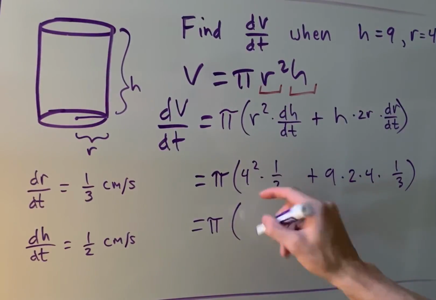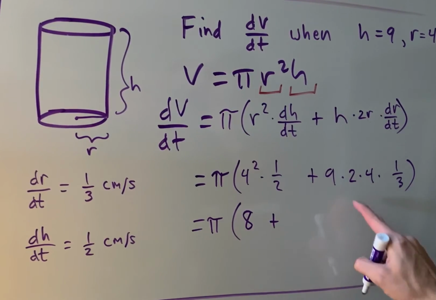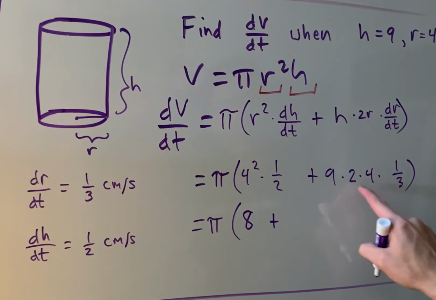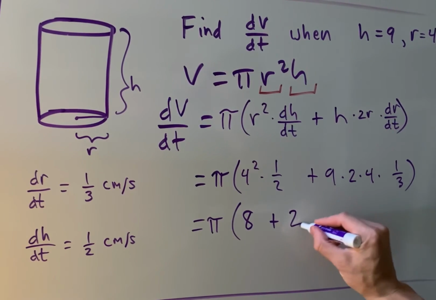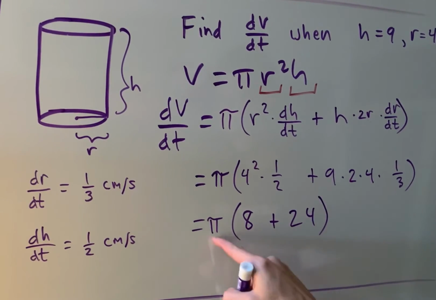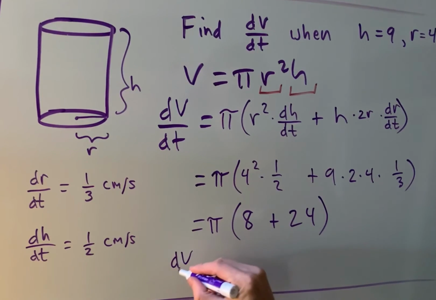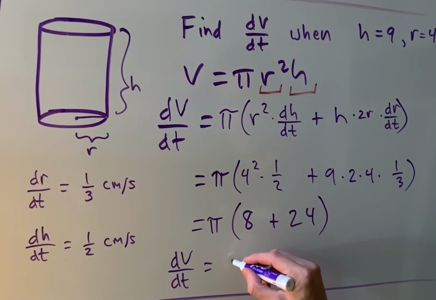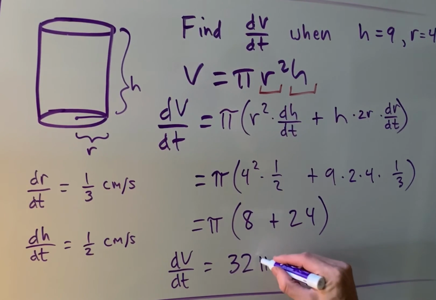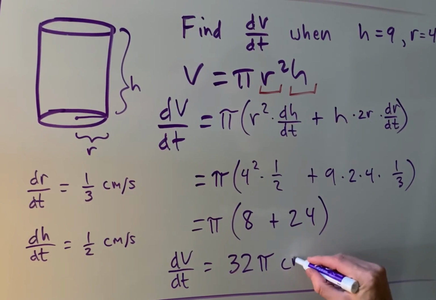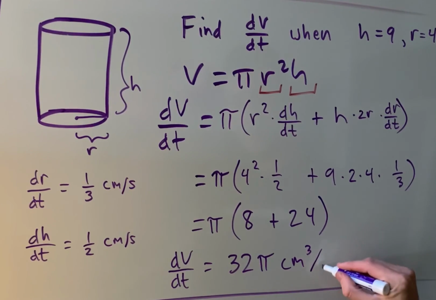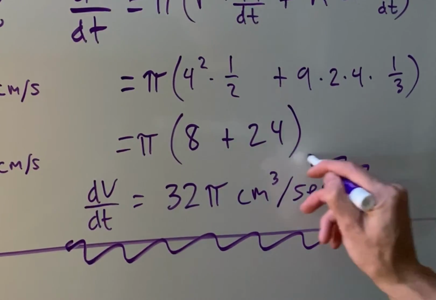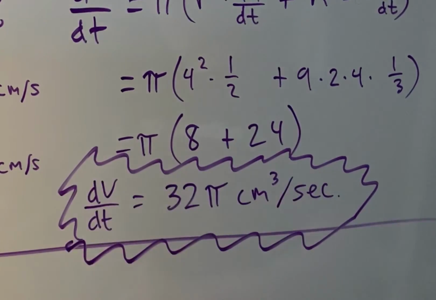And this is 1/2 of 16, which is 8, plus, let's see, that's 3. And 3 times 8 is 24. So that's 32 pi. So the rate of change of the volume under these conditions is going to be 32 pi, and the units would be cubic centimeters for every passing second. So this here represents the desired quantity.